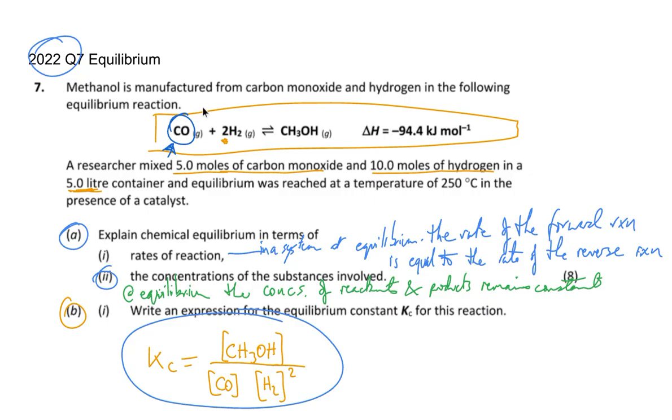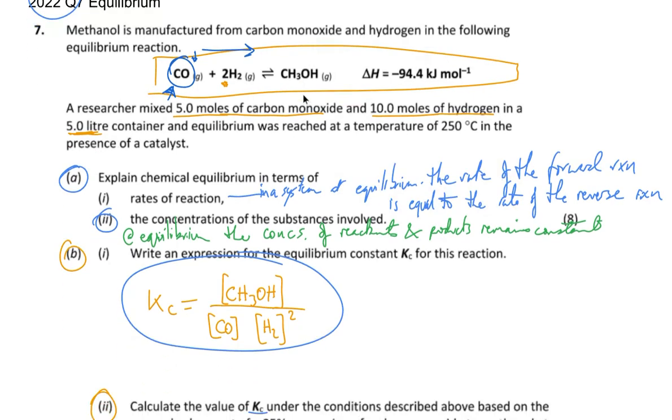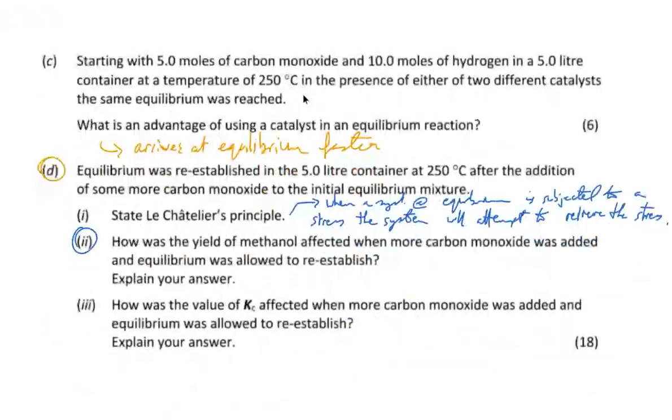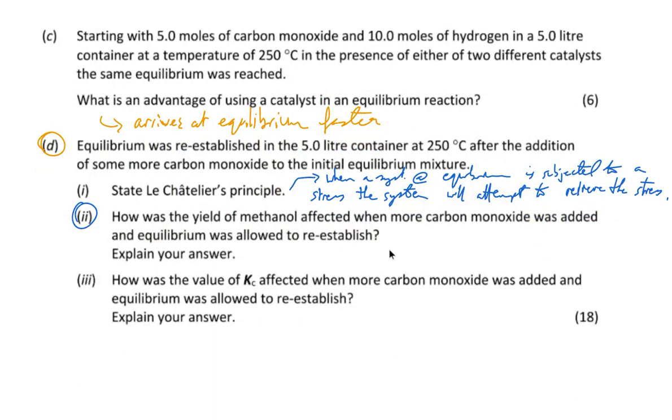It can use the carbon monoxide to create more methanol, and in that way it'll reduce the concentration of carbon monoxide. It might not be able to do it, there mightn't be enough hydrogen, but it's going to attempt to move, it's going to favour the forward reaction. So that's our answer there: forward reaction is favoured. Okay, it tries to relieve that stress of the additional carbon monoxide.